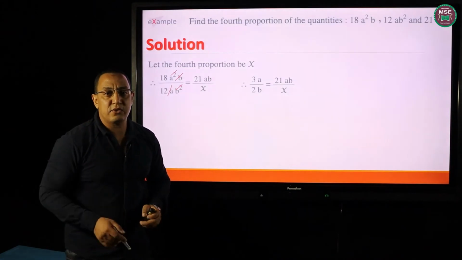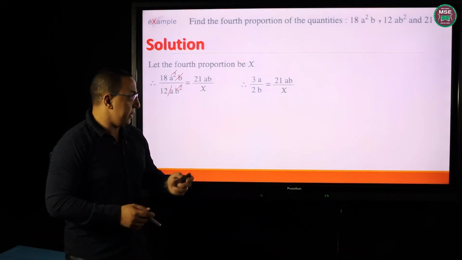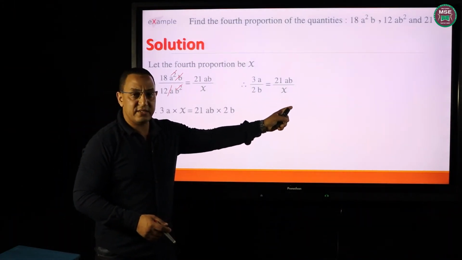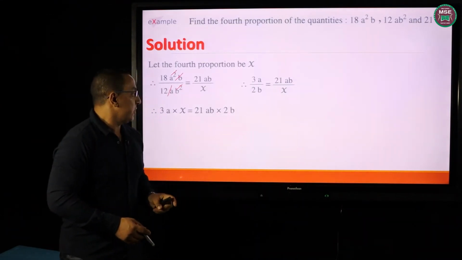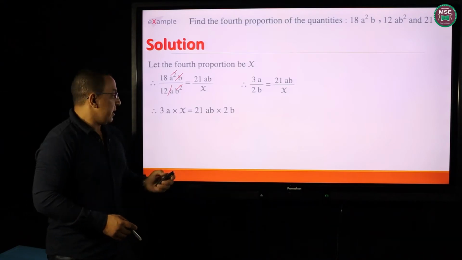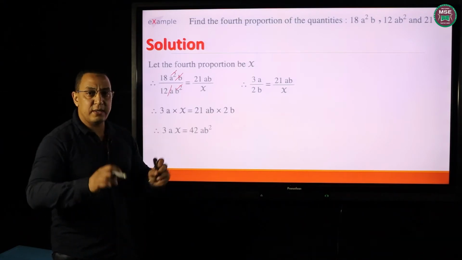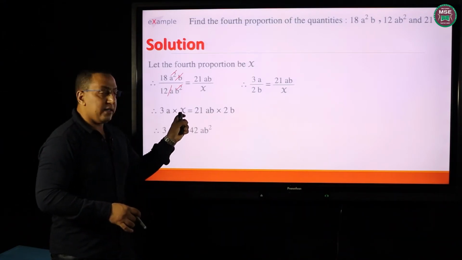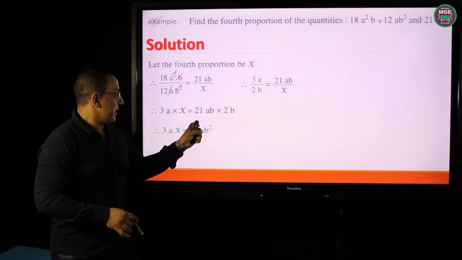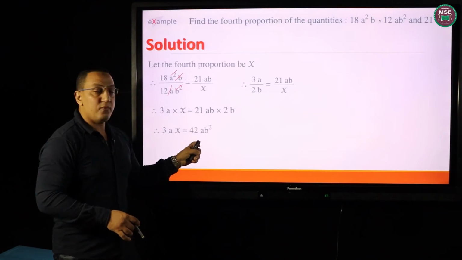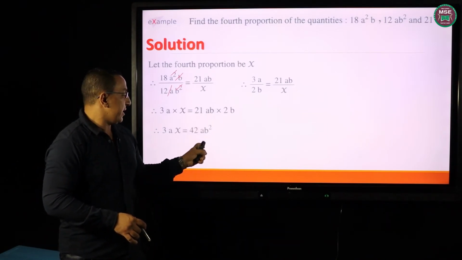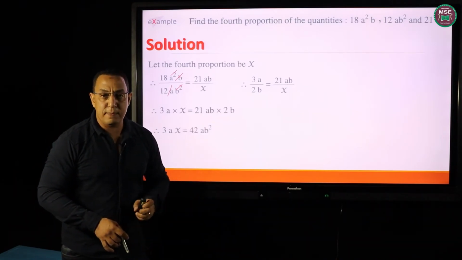Now I'm going to make a cross multiplication, so it will be 3a times x equals 21ab times 2b, like this. Okay, now I'm going to simplify. 3a times x will be 3ax, and 21ab times 2b, 21 times 2 equals 42, and the a drops down, b times b equals b^2.